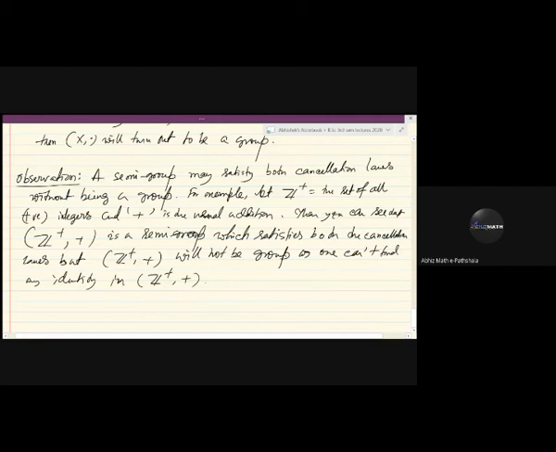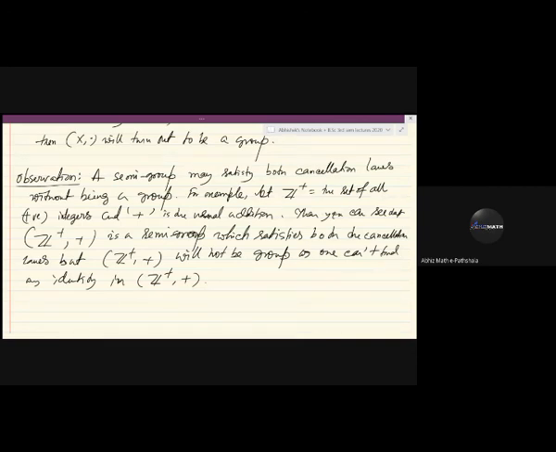There exists no element which satisfies the law of identity. Okay, so this is an example where you see that this is a semigroup satisfying both the cancellation laws, but it is not a group. Rather, it is not a monoid.